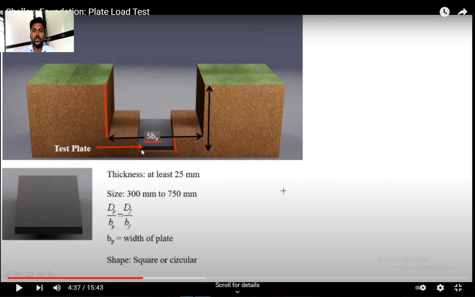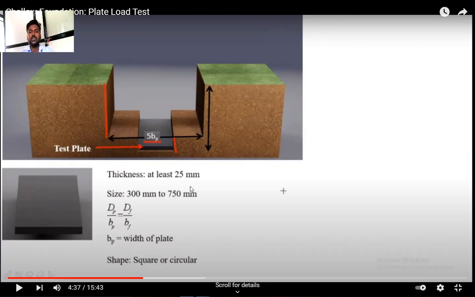So the width of the cut, that is the foundation trench, depends on the plate size. They have shown 5 into BP, that is the width of the base plate. Whatever the plate size that we are using, the width of the trench should be at least 5 times the plate size. Write down this formula.